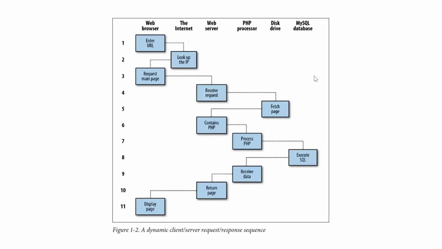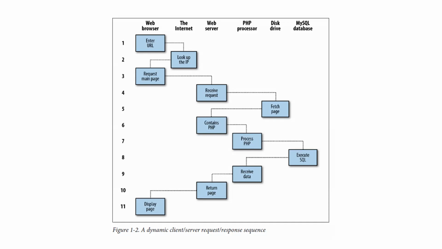If you look at the whole process of the dynamic interaction between the client and server, the response sequence goes like this. When we want to process a page, we start by typing the web address in the browser, and then the browser will look up the IP address. Usually we will have a DNS, and once you get the IP, you request the main page.